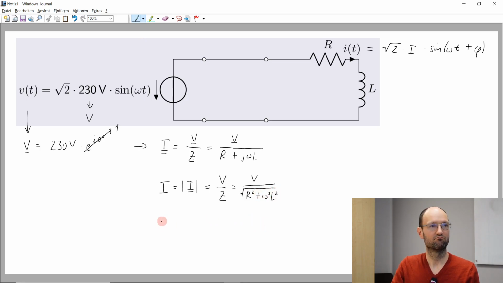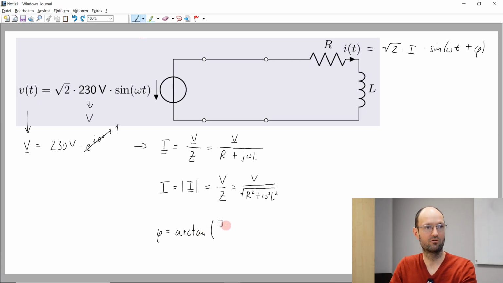And how do I get this phase angle? Yeah, the inverse tangent or arctangent of the imaginary part of the complex current divided by the real part of this complex current.